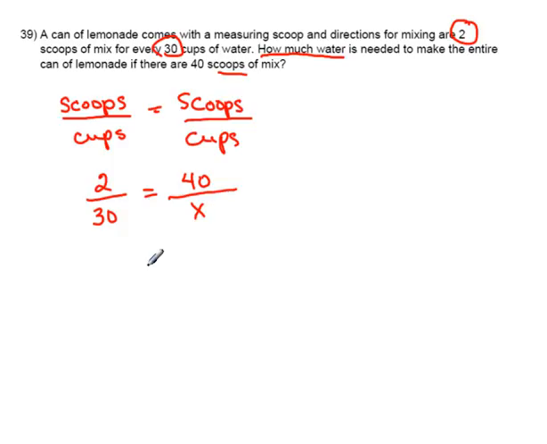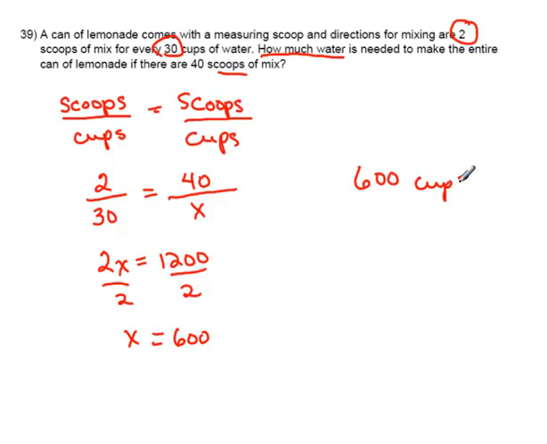Cross multiply, 2 times X is 2X. 40 times 30 is 1200. Divide by 2, and X equals 600. Remember, with word problems, always go back and answer the question. The question said how much water is needed. Well, 600 cups of water is needed.